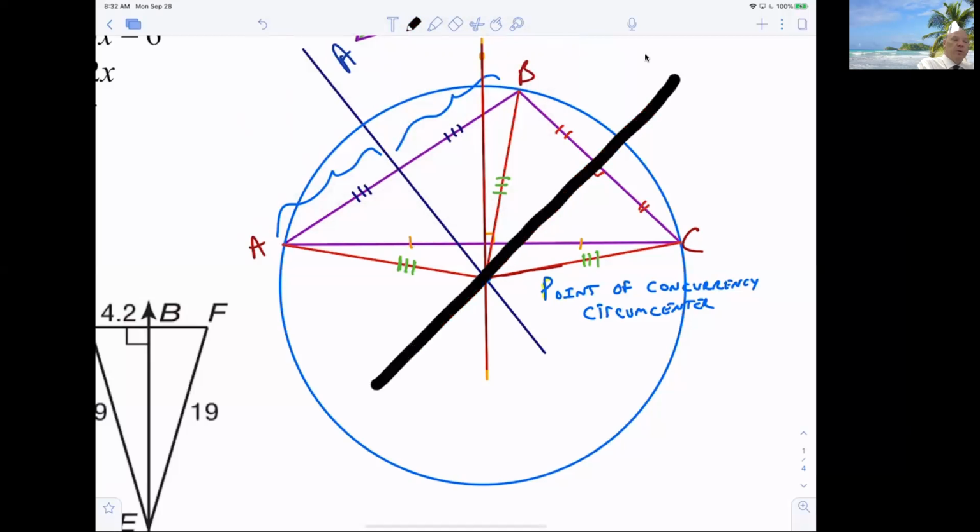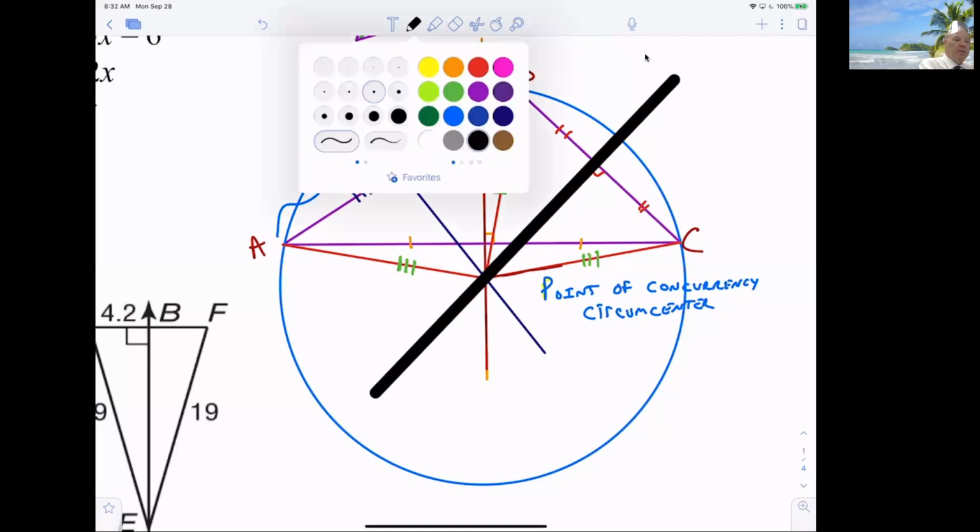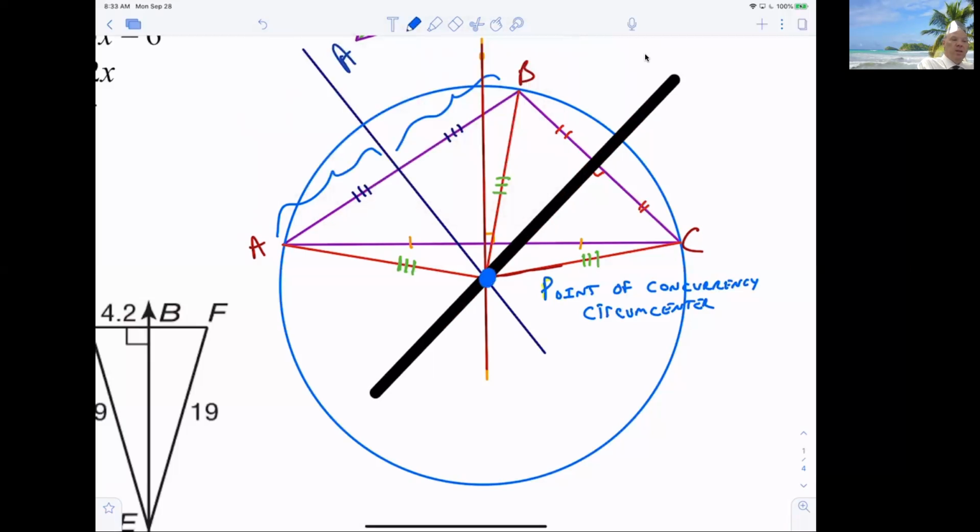Now I drew this perpendicular bisector. Now that blue dot is equidistant from B to C. Now I'm drawing this perpendicular bisector and the blue dot is equidistant from what? A to B. Now look, I know that's not the most impressive thing you've ever seen, but this is just the logic behind geometry.